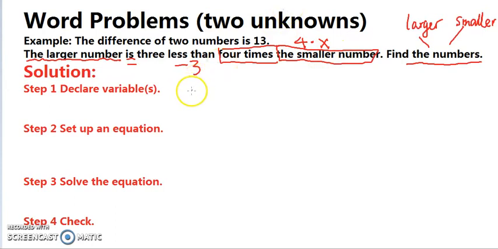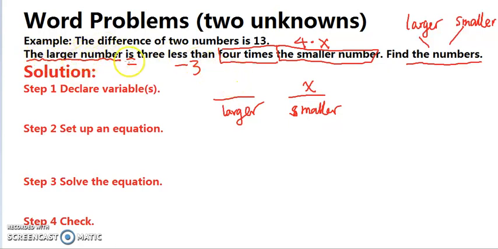When we have two unknowns, one is the larger number and the other is the smaller number. We're going to make x the smaller number, and we're going to use the second sentence to describe the larger number.